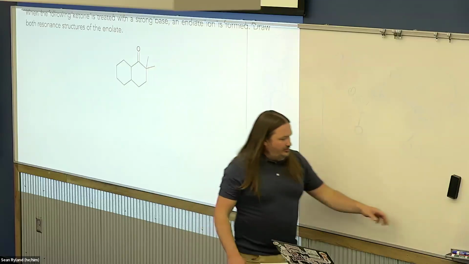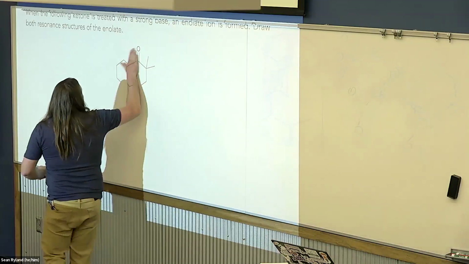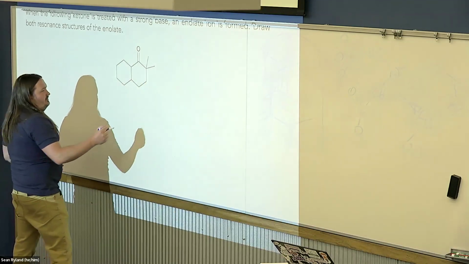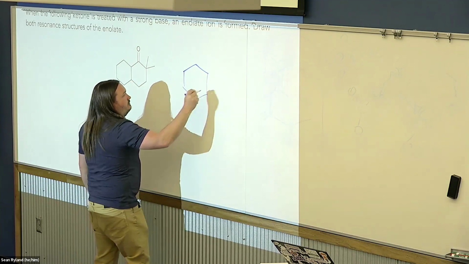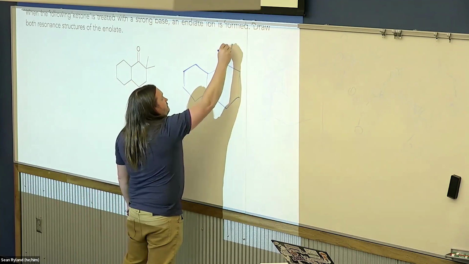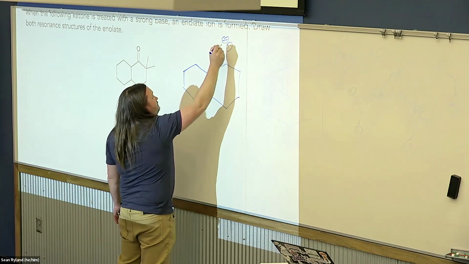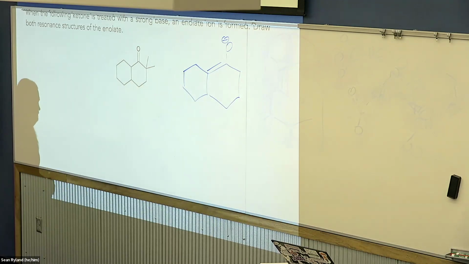So if we don't have a hydrogen to lose, we don't need to worry about that carbon. Our tertiary carbon on the other side is where we're gonna see our enolate form.